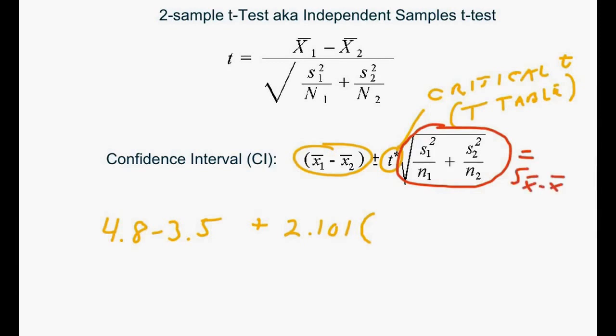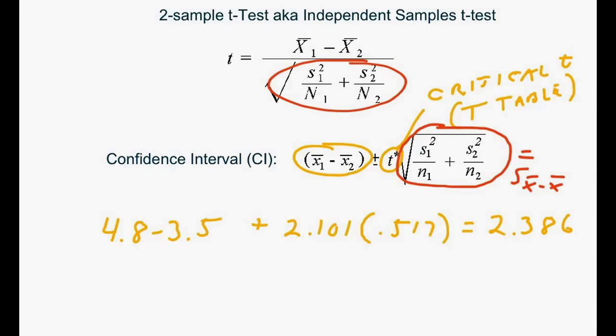We calculated that when we calculated t. It's that lower part of the t formula. So that value was 0.517 from our previous example. So when we add those together, we get 2.386.